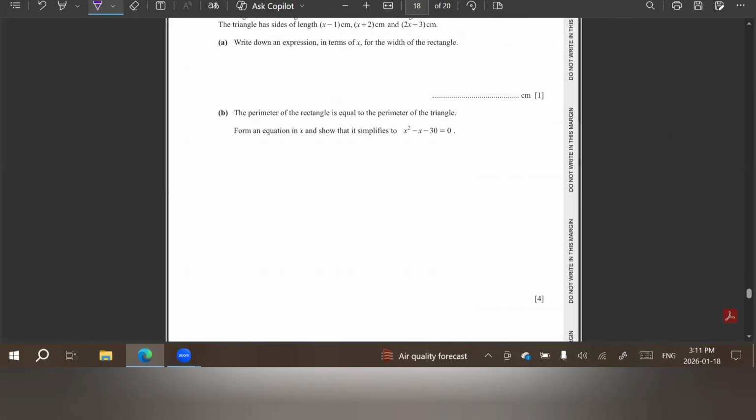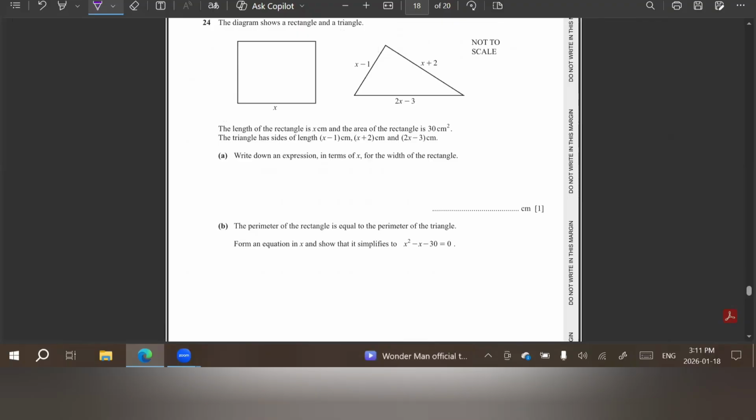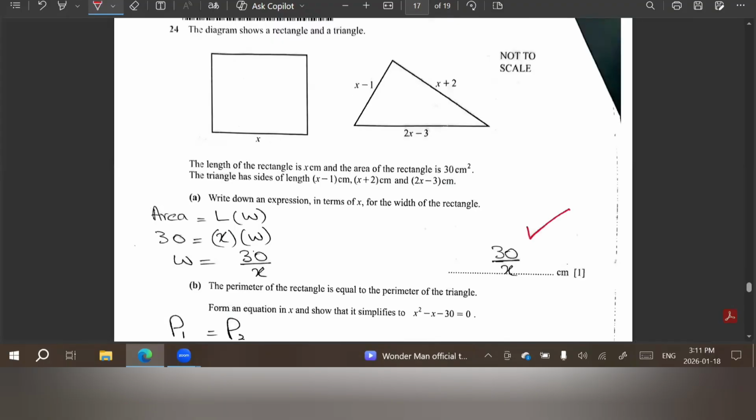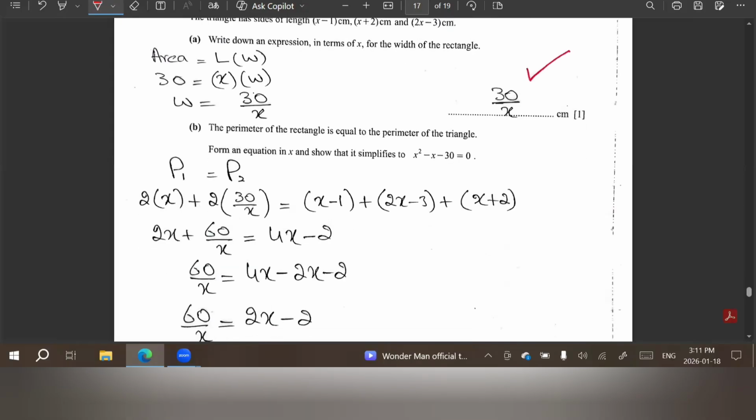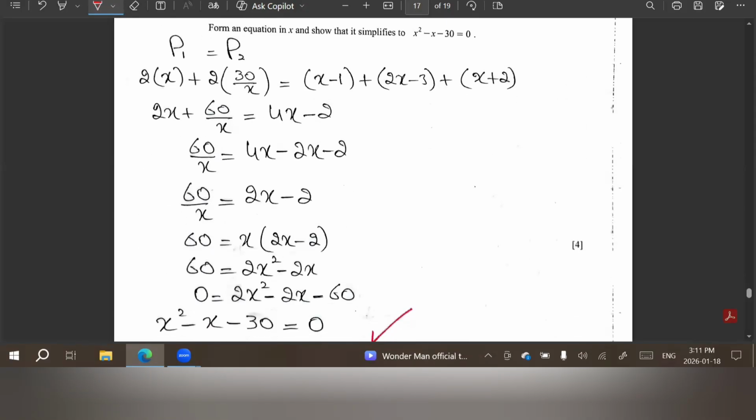The perimeter of the rectangle is 2 length plus 2 width, and the perimeter of the triangle is the sum of three sides. So 2 into x plus 2 into 30 by x equals x minus 1 plus 2x minus 3 plus x plus 2. This becomes 2x plus 60 by x equals 4x minus 2.